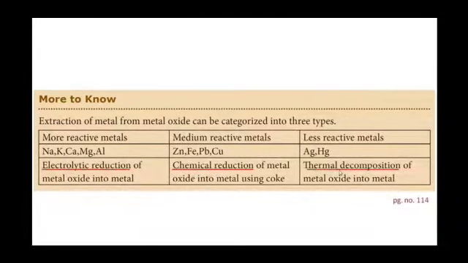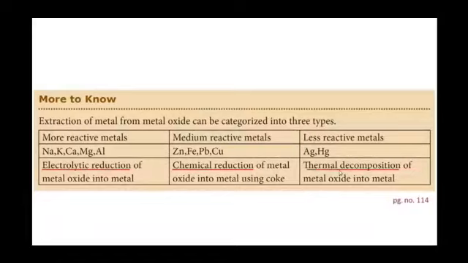If a metal is a more reactive metal, then the metal is extracted from its metal oxide using the electrolytic reduction process by passing current. If a metal is a medium reactive metal, then the chemical reduction process is used to extract the metal from its metal oxide.